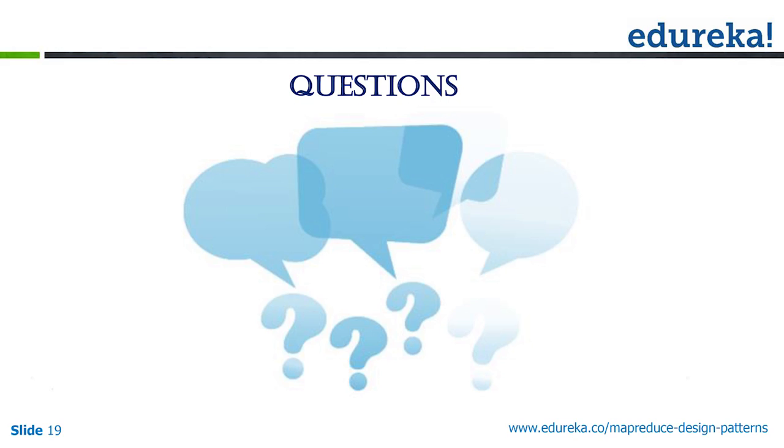MapReduce Design Pattern. What areas are covered in depth in the course apart from the uploaded videos? There was a slide in the lecture where I showed you different varieties of design patterns. Each of these design patterns has different types inside them. We talk about each of those in detail, and we give examples of each as part of the course.